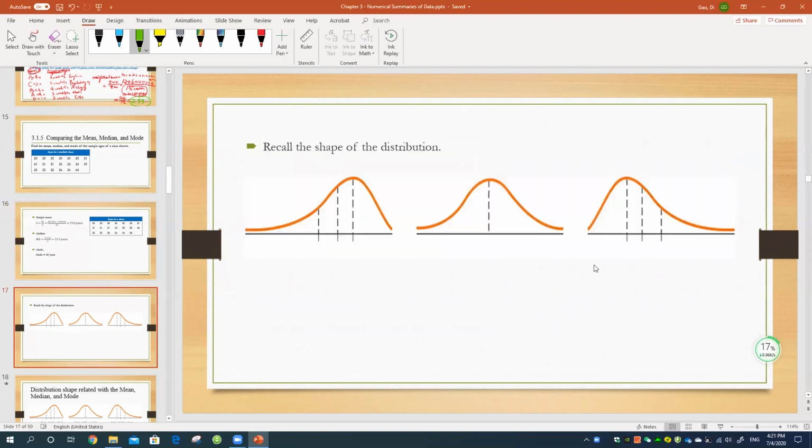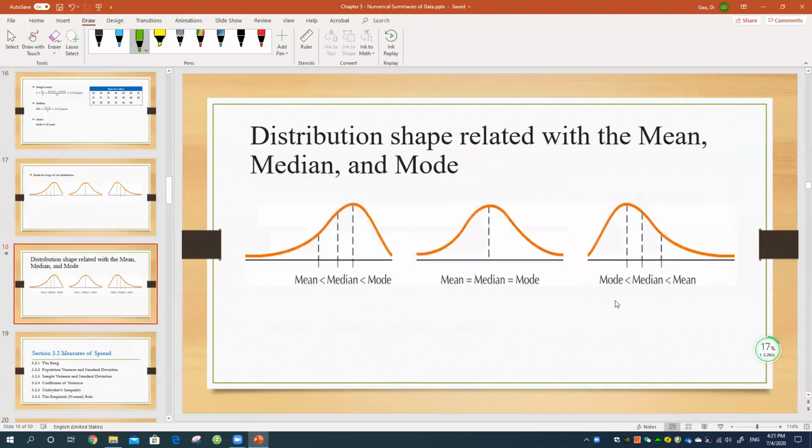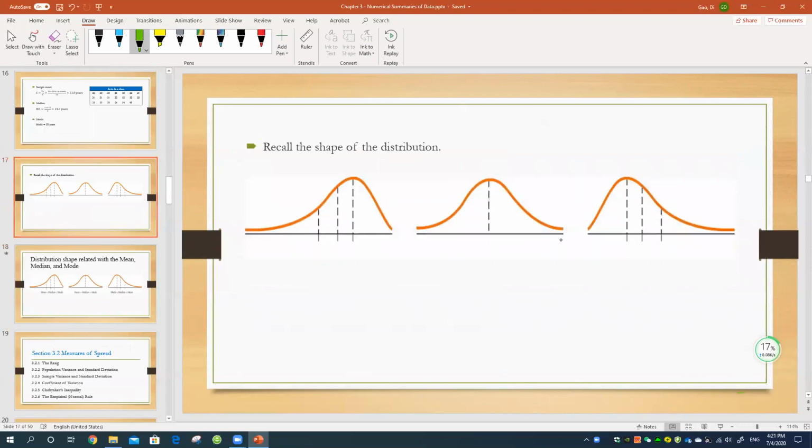And then now let's recall the shape of a distribution. If we look at a smooth curve for a distribution, and we see something like this, we call this left skewed because you have a long left tail.